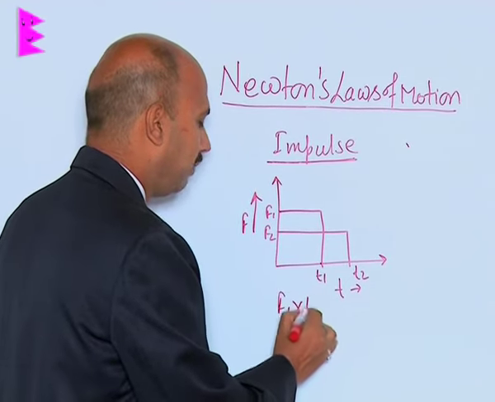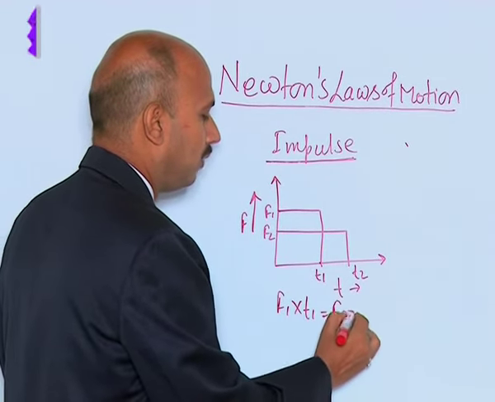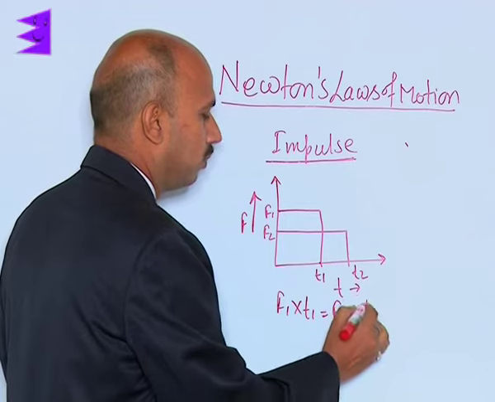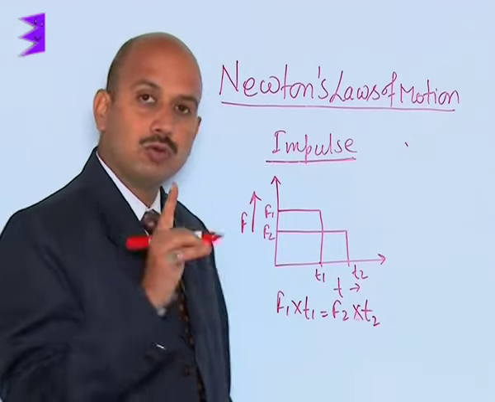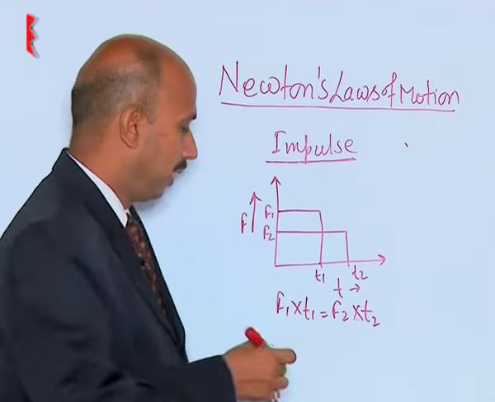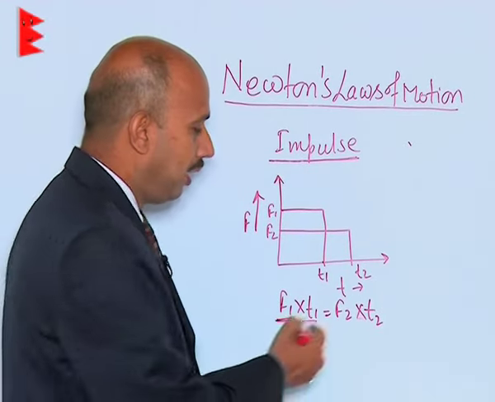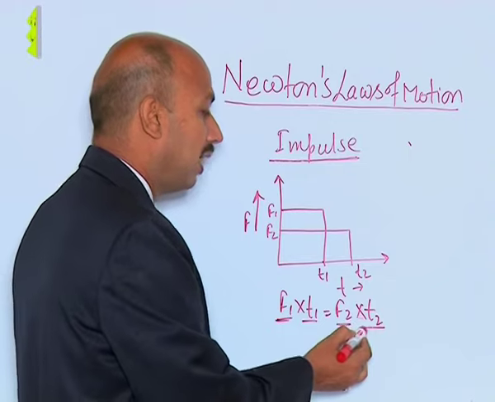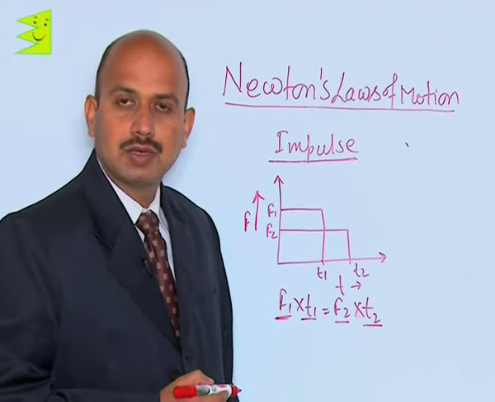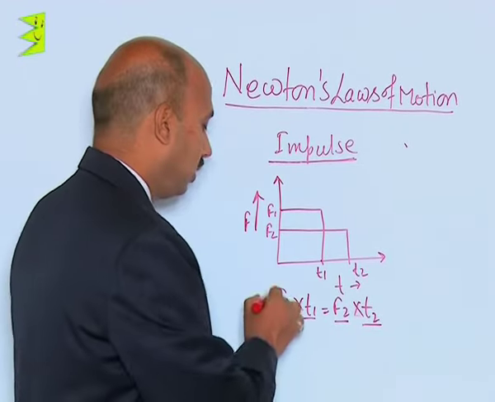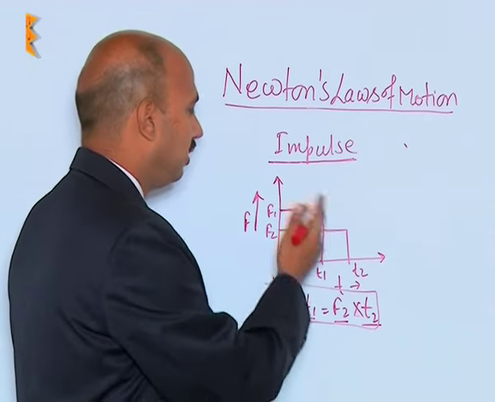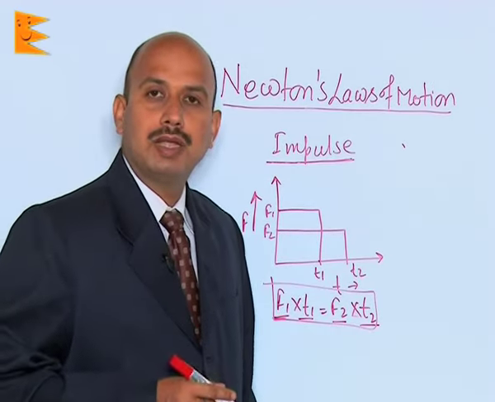So we can write F1 into t1 is equal to F2 into t2. So we are producing the same change in momentum by applying a larger force for a small interval of time and by applying a smaller force for a large interval of time. This is known as, sometimes we call it, the impulse momentum theorem.